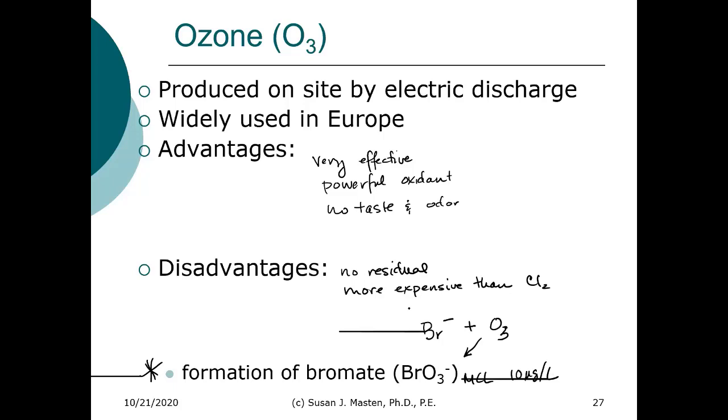And typically we use about a 0.1 milligram per liter cutoff for bromide. So if the concentration of bromide in water exceeds 0.1 milligrams per liter, then you want to think about the formation of bromate and either look at mitigation strategies, which are looking at, for instance, changing the pH to change the reaction chemistry in order to reduce the formation of bromate.